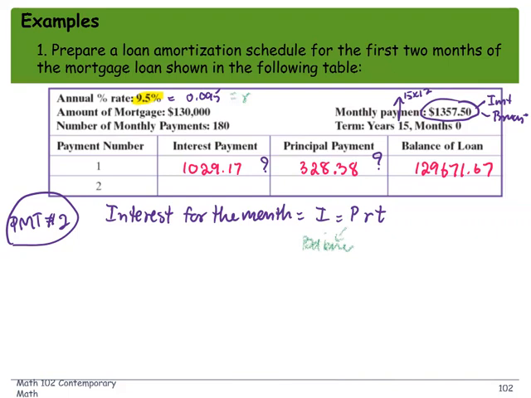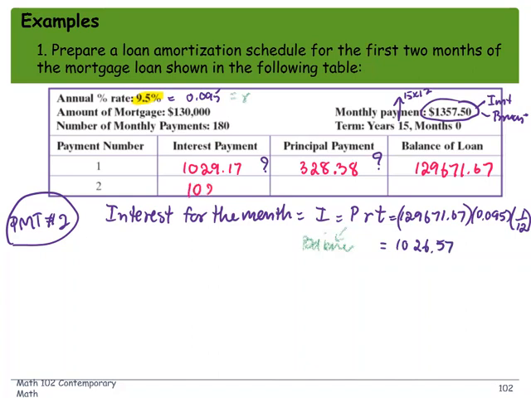T is 1/12. The balance at the second payment is the value at the end of the first row, 129,671.67, multiplied by the rate, 0.095, and by the time, 1/12 of the year, which is 1 month. The interest portion for this payment will be 1,026.57. So we put the number in the table.